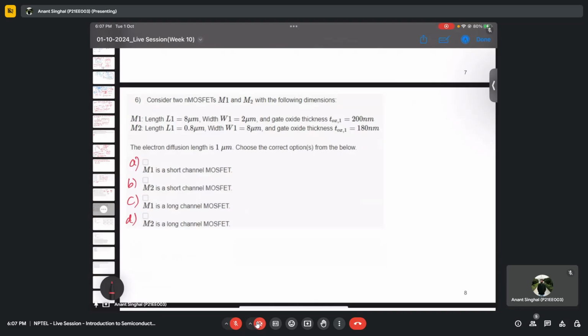So I've got one answer, which is B. I'm saying again, more than one can be correct. So B is M2 is a short channel MOSFET. Okay, we'll see it in a minute. Maybe others can also try. You can take 1 more minute for that.